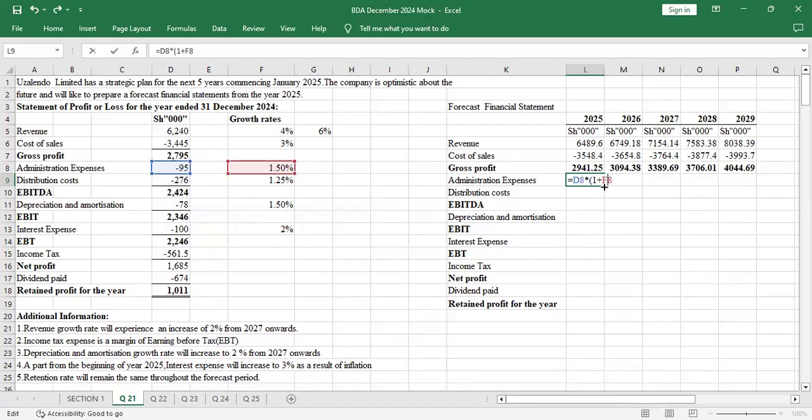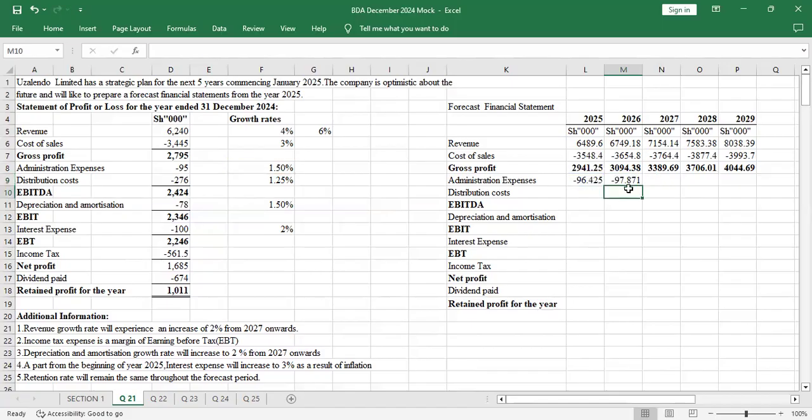So I'll lock it completely. Enter. Then for the second one, I'll now pick this, multiply by bracket 1 plus the growth rate, which is 1.50. So I'll also lock it.